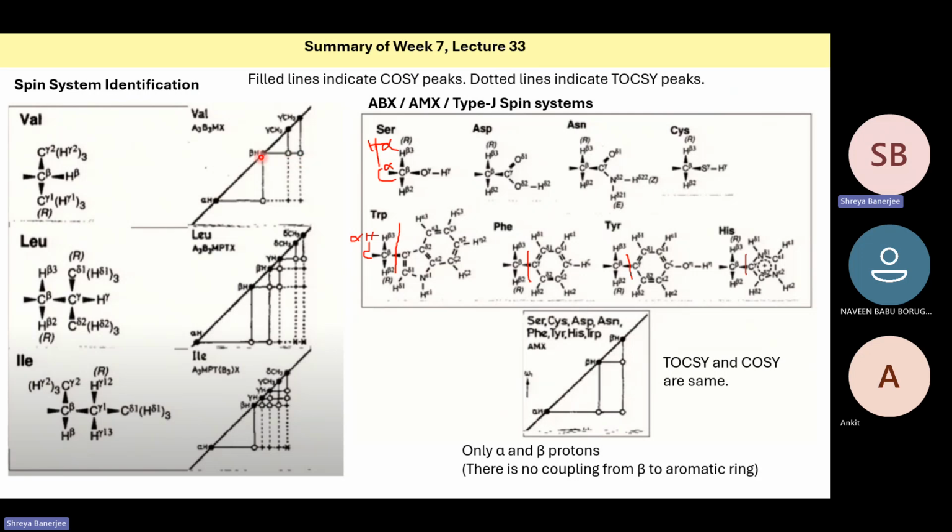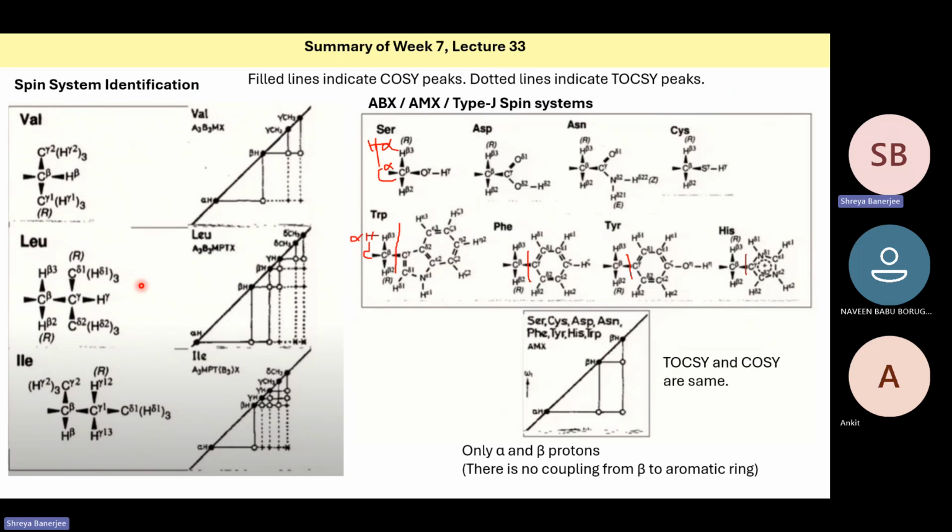So again, as expected, in COSY, you will see only the adjacent. So COSY is basically these white circles and TOCSY are these small circles shown here. So COSY will only show adjacent correlations, alpha to beta, beta to gamma 1, beta to gamma 2. And TOCSY will show longer correlations like alpha to gamma and so on.